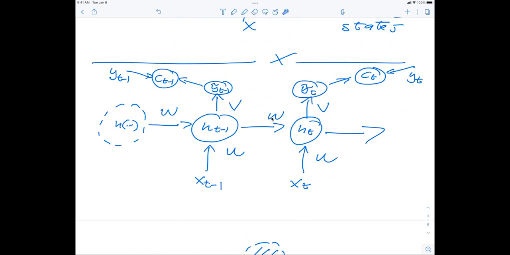So that means that you need at least 6 derivatives here of weights and biases.